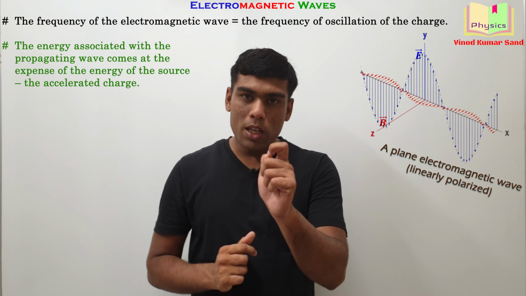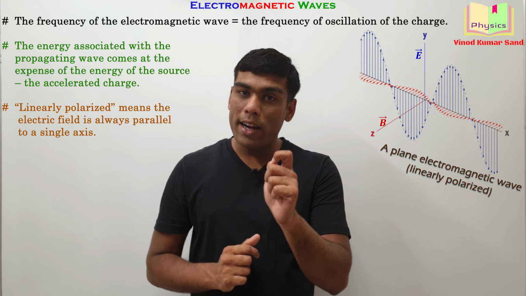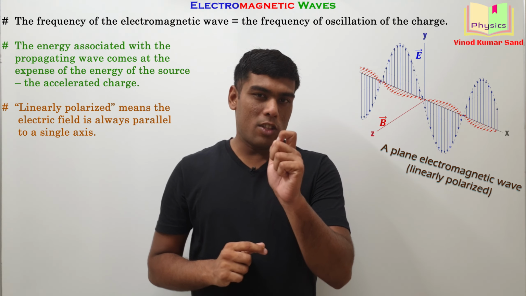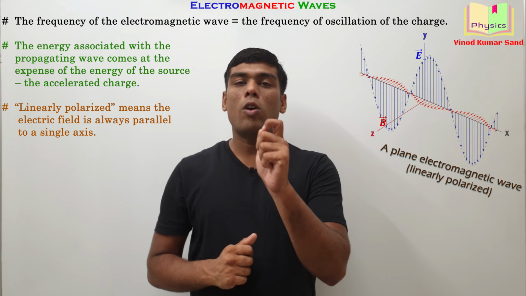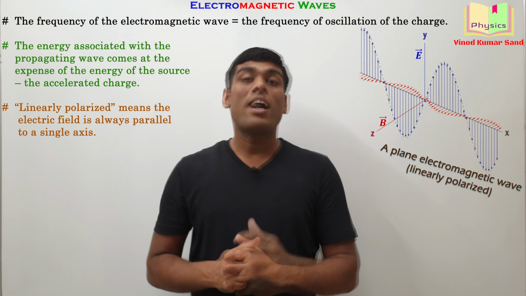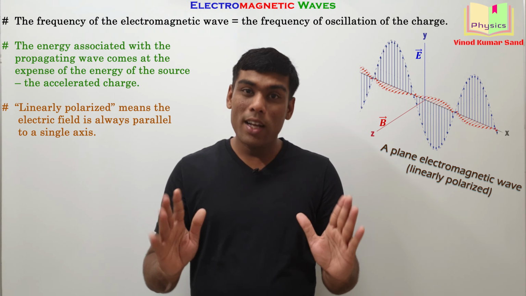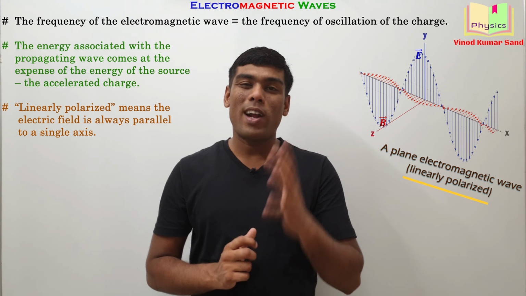Linearly polarized means the oscillations of the electric field are confined along a particular axis, such as in this diagram. If you observe very carefully, the sinusoidal oscillations of the electric field are confined along the y-axis only. This kind of wave is known as linearly polarized.